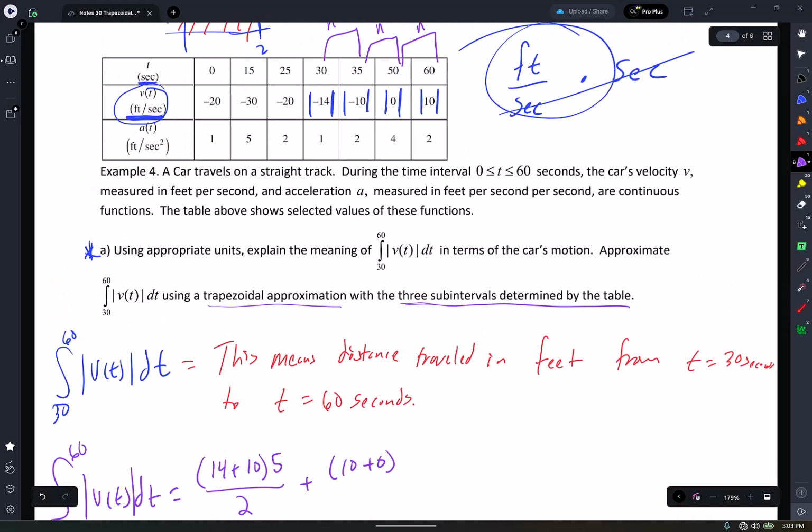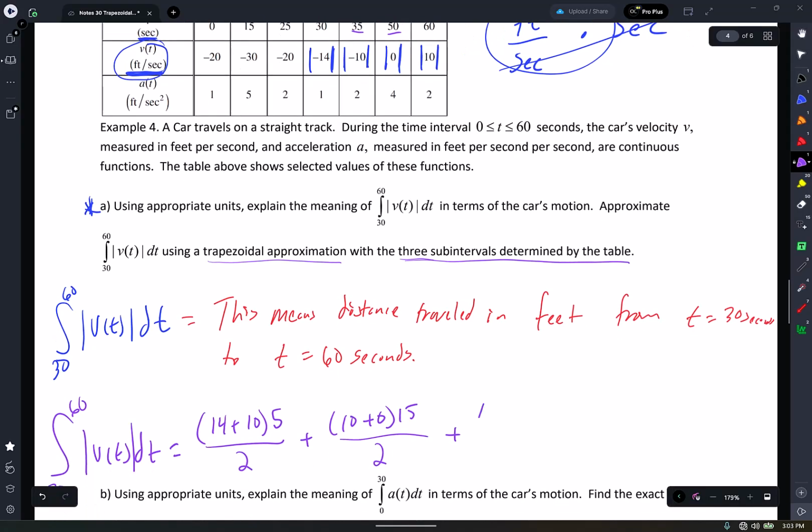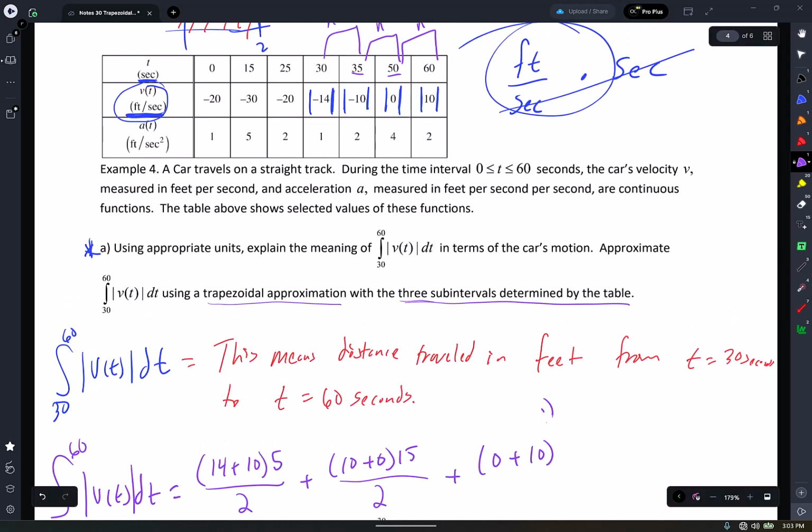What's my height? Oh, the second one, 15. The delta x is your height, guys, divided by 2. Plus, open parentheses, 0 plus 10, close it, times 10 divided by 2.